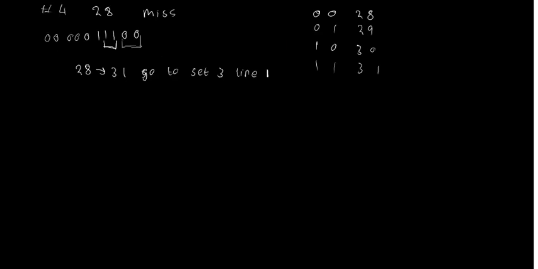Then now we're going to go to access 5, which is 29. This is going to be a hit. Why? Because it was loaded in over here, right? Then we're going to go to access number 6, right?